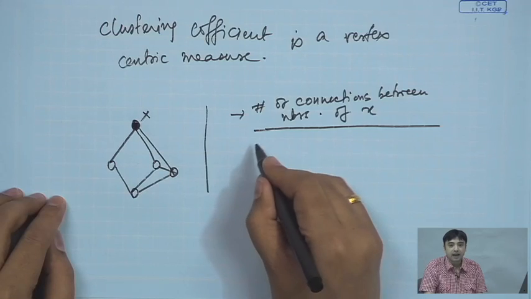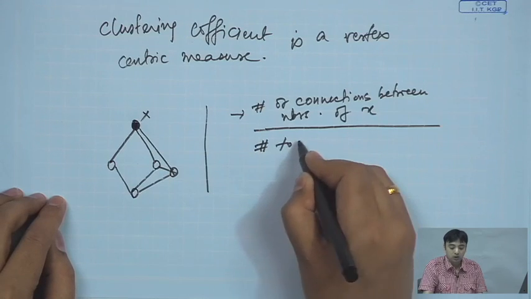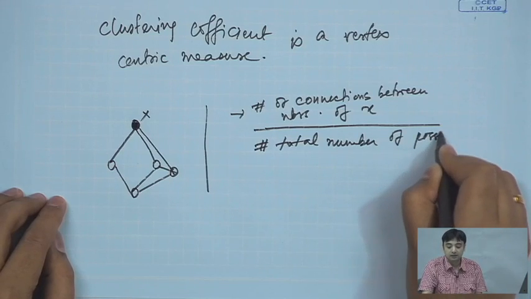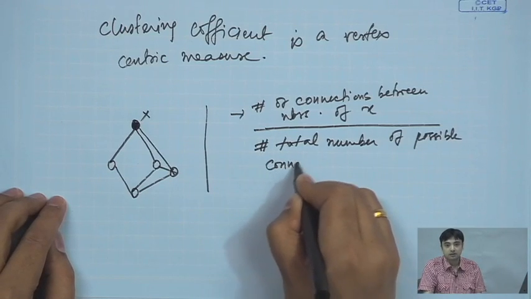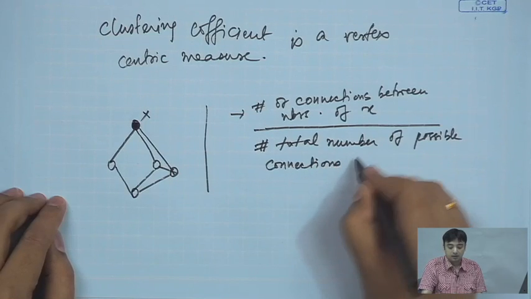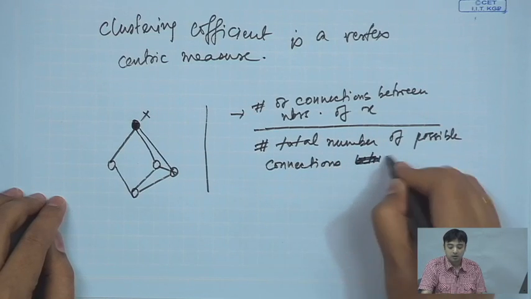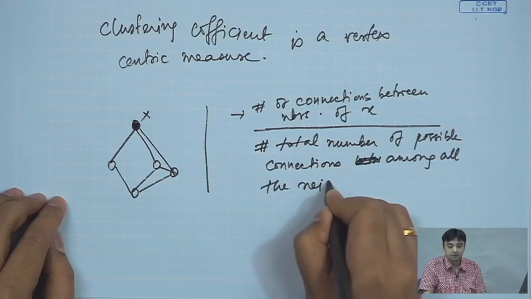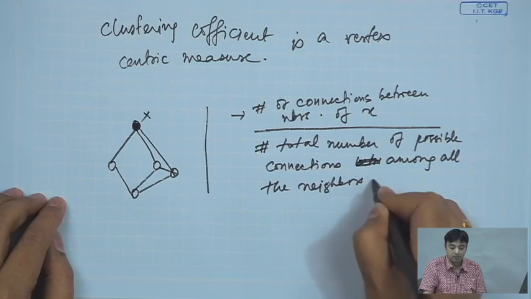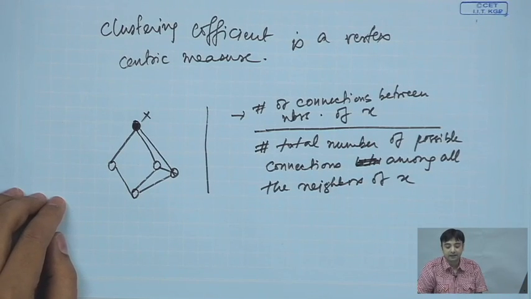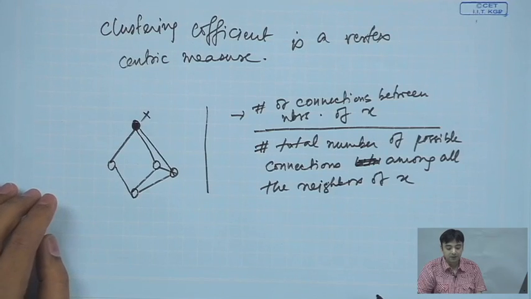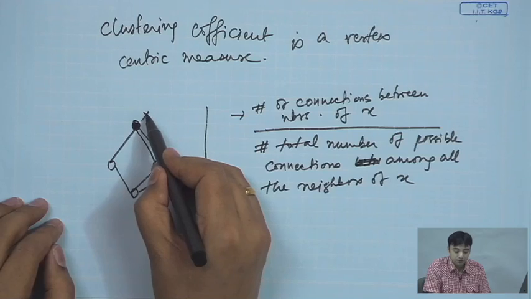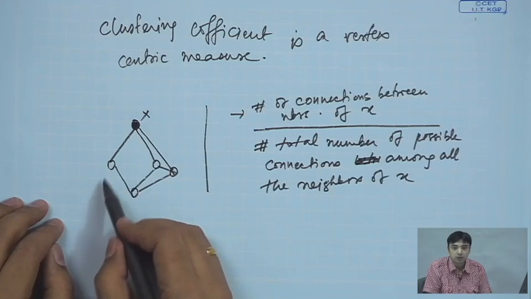This is expressed as a fraction of the total number of possible connections among all the neighbors of x. So, this is basically the definition of clustering coefficient. If you are interested to find out the clustering coefficient of x, you look into the neighbors of x.